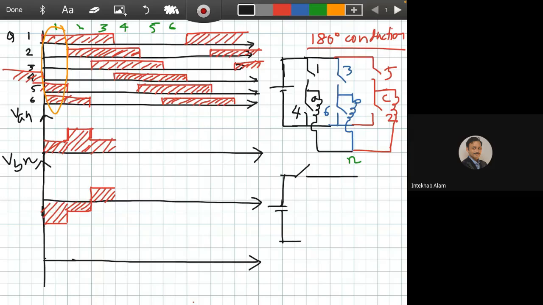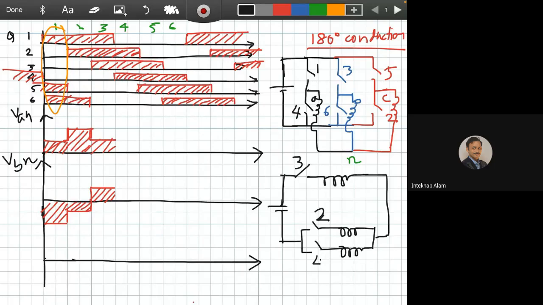2, 3, 4. Here the only upper bank switch is 3, and 2 and 4 are from the lower bank. So there will be 2 lower bank switches, 2 and 4, and only one upper bank switch, switch 3.